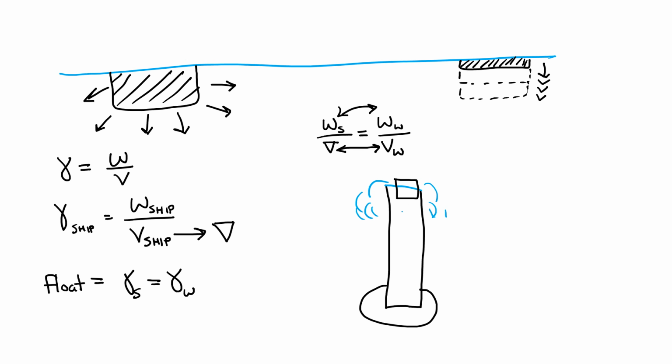If we measure this water, we can find the weight of the ship. Also, if we can't collect that water, we can find the weight of the ship by knowing its draft, which we can measure. From that draft, since we've designed the ship, we can calculate the volumetric displacement. We can multiply that by the gravity times the density of the water, and that will also give us our weight of the ship.